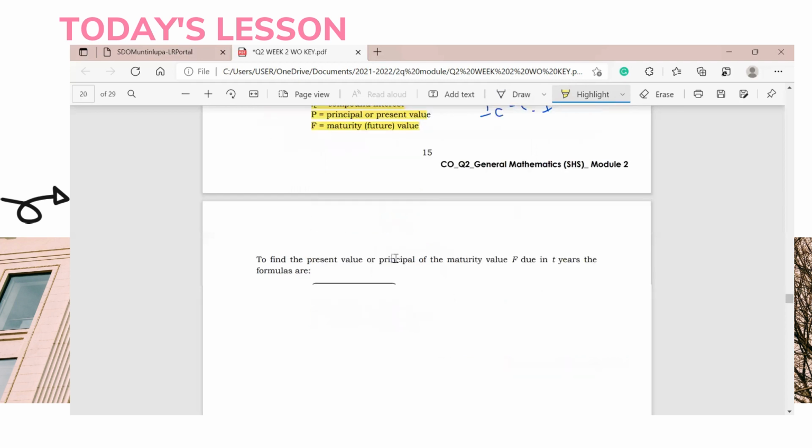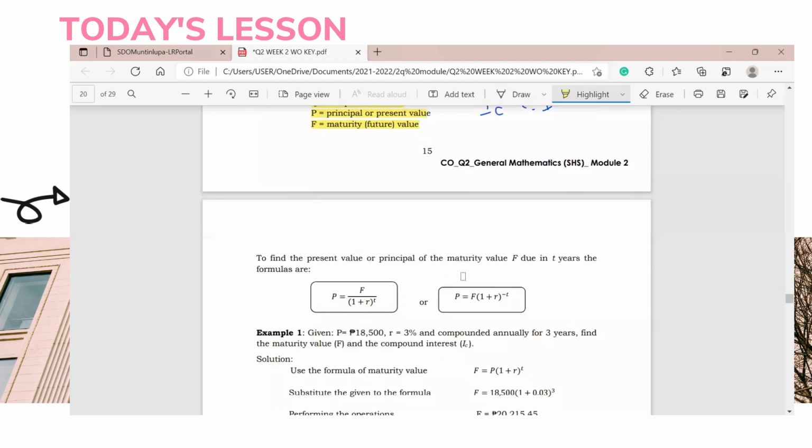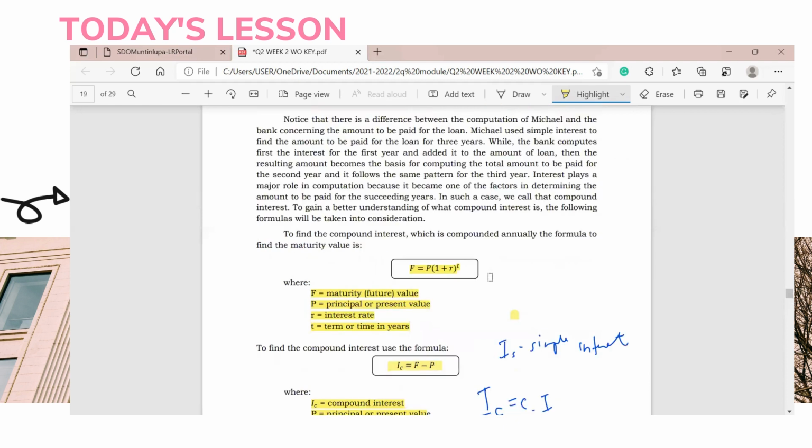To find the present value or principal of the maturity value F due in T years, the formula is as follows: principal is equal to F over 1 plus R raised to T. This is just derived from the given formula.